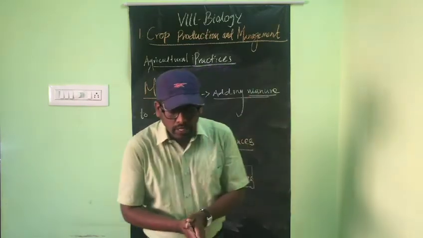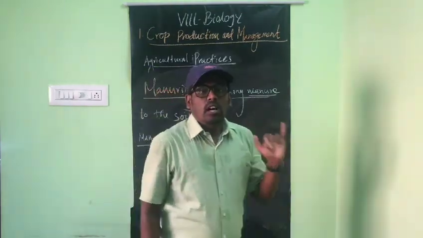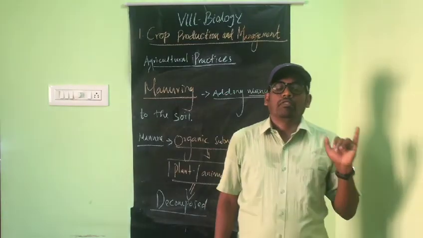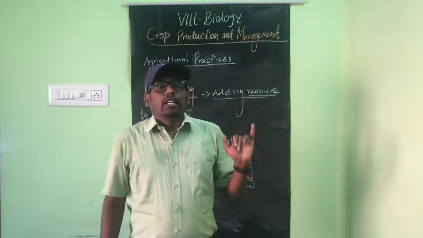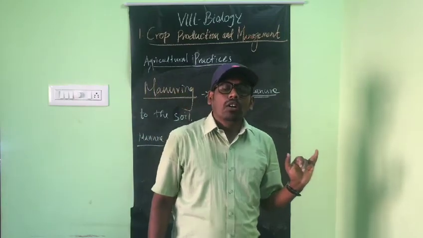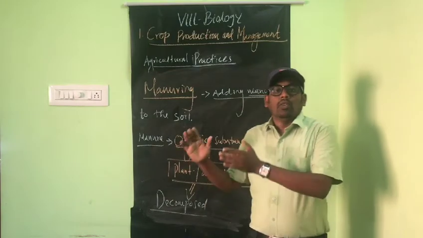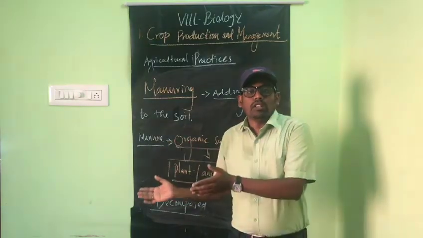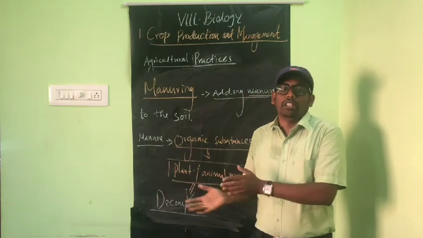Okay. So today we have discussed agricultural implements. The agricultural implements are, the first one is plough, second one is hoe, third one is cultivator, and sowing. What is sowing and what are the methods of sowing? That is modern and traditional method.